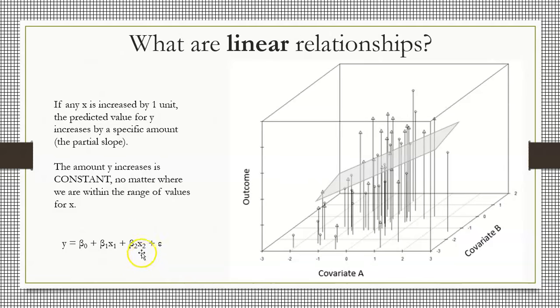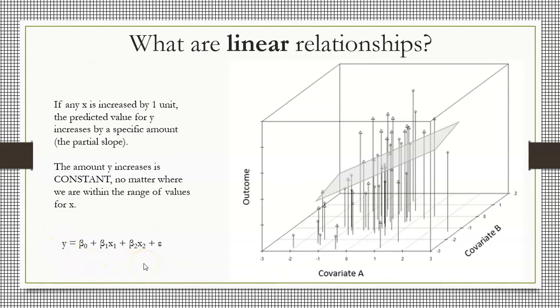So no matter what x sub 2 is, so no matter what your ACT score is, a 1 point increase in your GPA, and that's really a huge increase, so it's probably more realistic to talk about a 0.1 increase, and then we'd multiply this by 10 to make up for it, but we're not going to get that complicated. We'll just say a 1 point increase in your GPA. Okay, so no matter what your ACT score is, a 1 point increase in your GPA predicts a certain size, whatever this value is, increase in whatever our y is over here, okay?